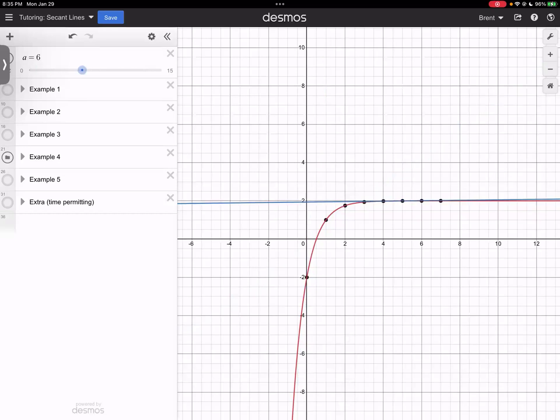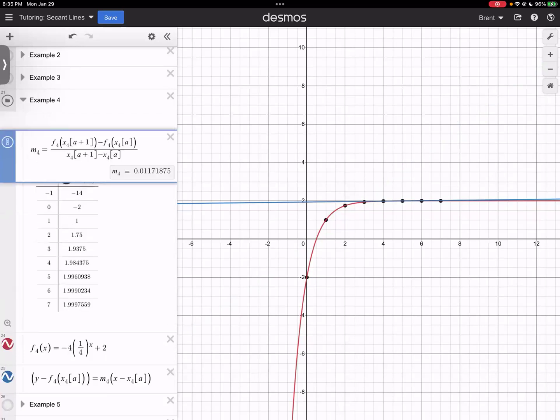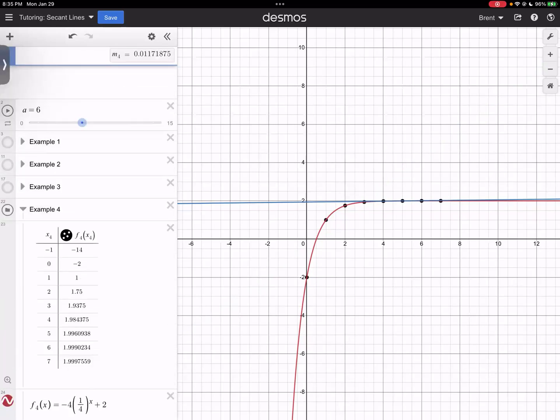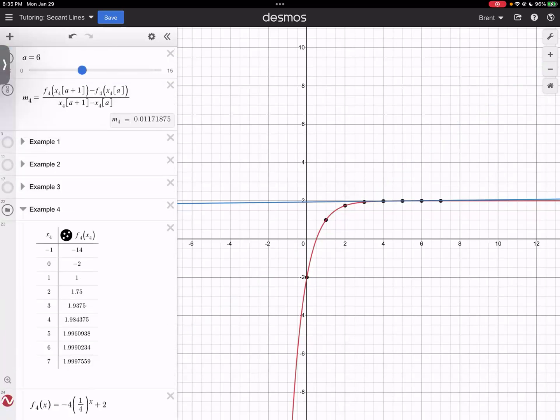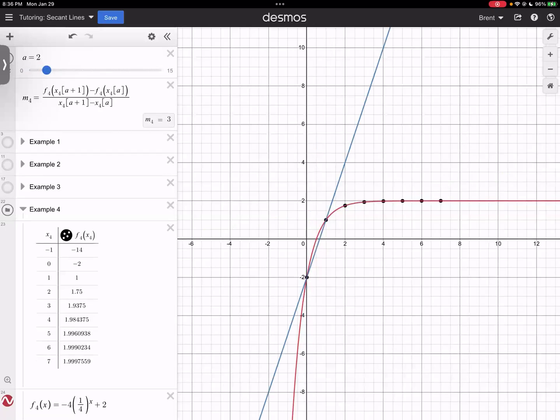And again, I could open these up and show you the slope as we go. Let me move it up to the front so you can see it as I go further and further to the right. Let me start here at a equals 1. As I slide to the right, you'll see each slope gets smaller and smaller. And you can see, what are we multiplying by? 1/4, it looks like.